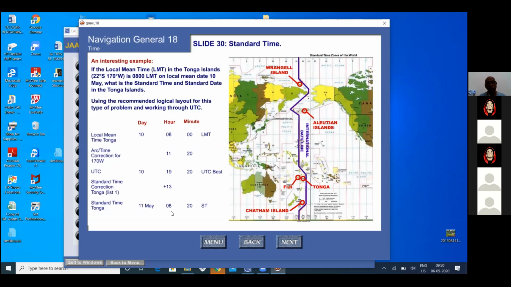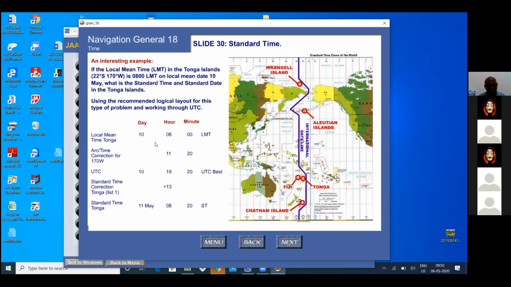So whenever you meet someone in Tonga and he says meet me on the 8th or so and so time, you'll have to ask him local time or standard time. In most cases they act on standard time. Nobody follows local time in these areas. Is this understood?